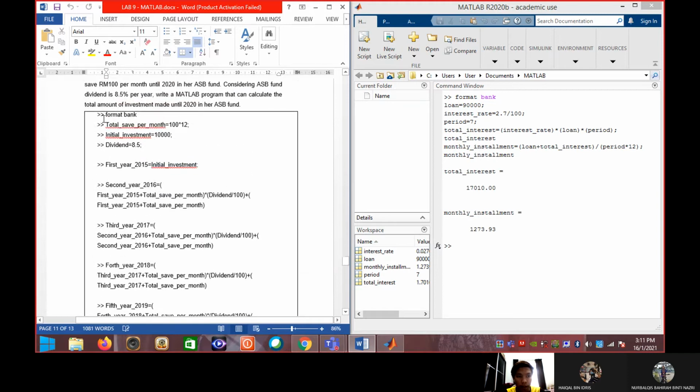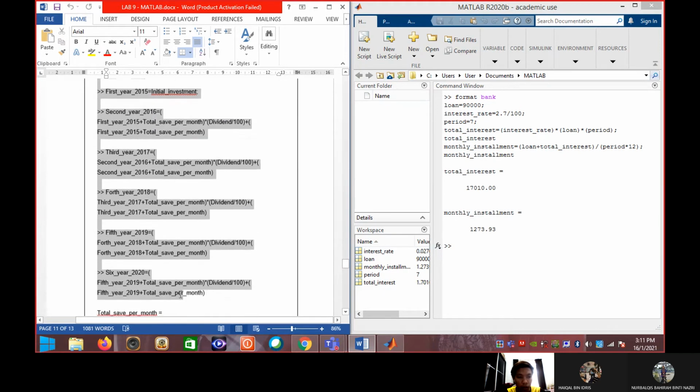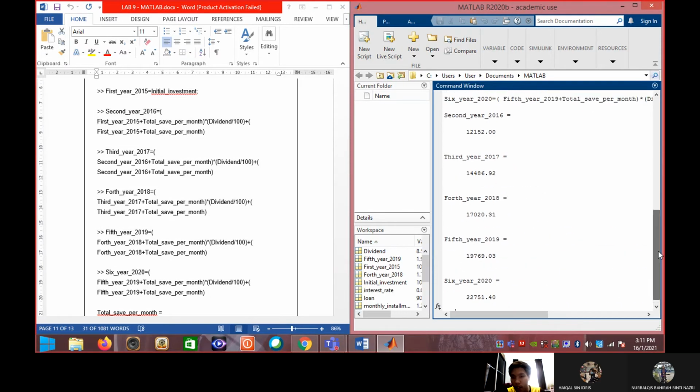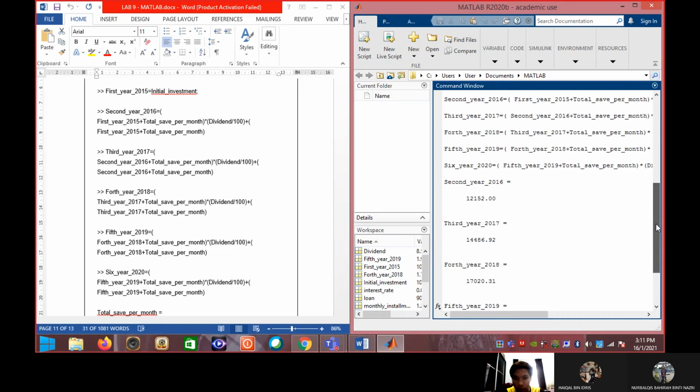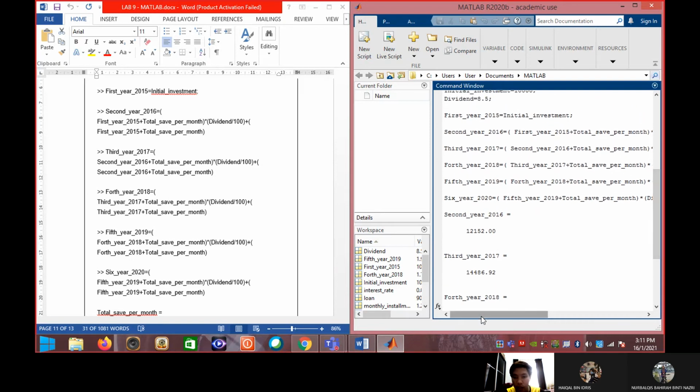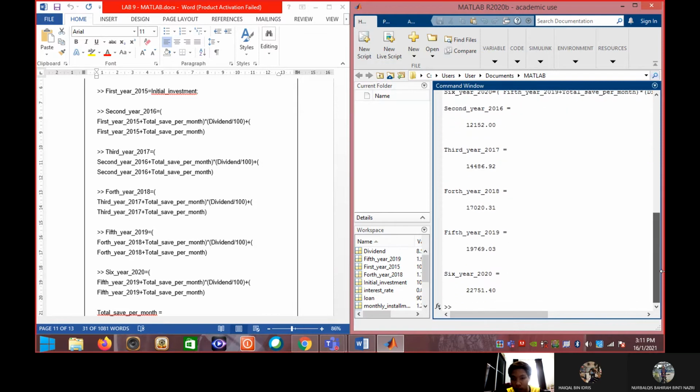I already have the format and formula here to calculate the dividend and the total amount of investment. We can see the total amount of investment over the 6 years that she had invested.